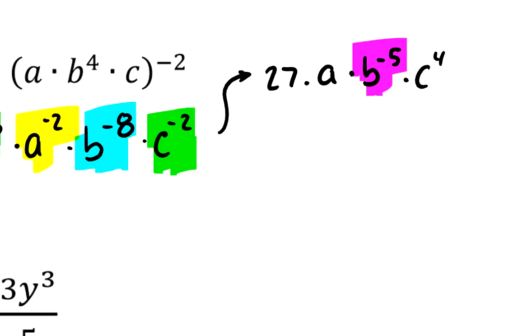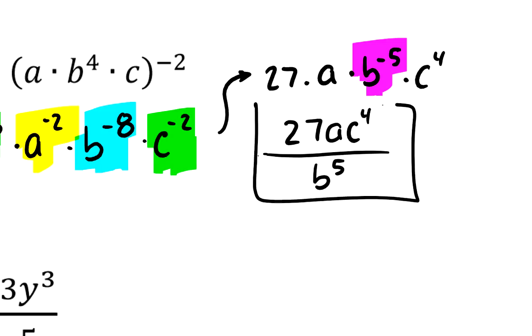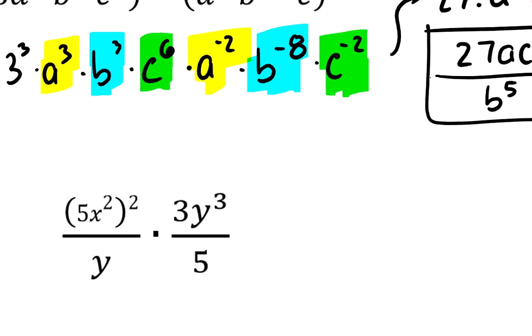Or at this point, we could just simplify it and say, hey, this is 27 a c to the fourth power over b to the fifth. And if you're wondering how that happened, that those factors of 5 magically floated to the denominator, became b to the positive fifth, come talk to me and I'll review how we used giant 1s to make that happen. So that's our answer for part A.